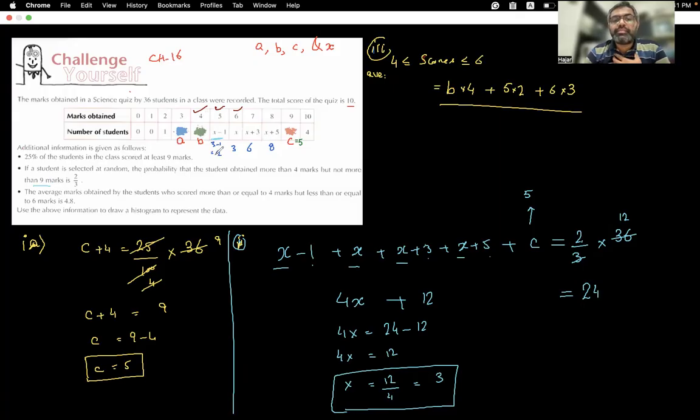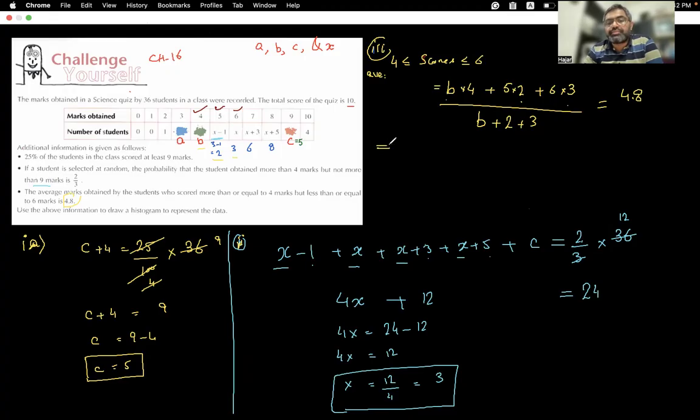So this is B plus 2 plus 3: students who got 4 marks, plus students who got 5 marks, plus students who got 6 marks. This average is given as 4.8 in the question. Now we just have to solve for B. B is the only unknown in this question, so we solve for B and we get one more variable.